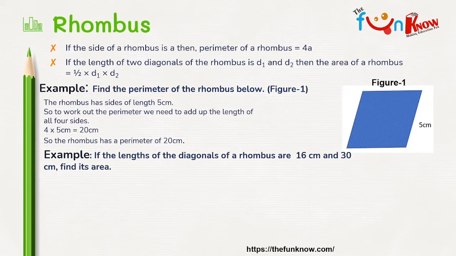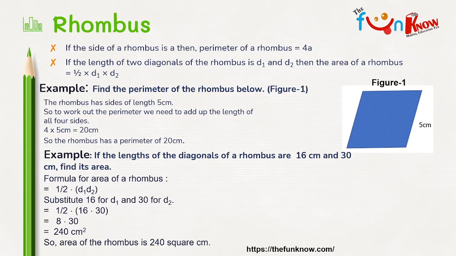First and foremost, you will write the area formula. So what is the area of a rhombus, students? Yes, the area of a rhombus is half into diagonal 1 into diagonal 2. After writing the formula, you will substitute the values which are given in the question, students.